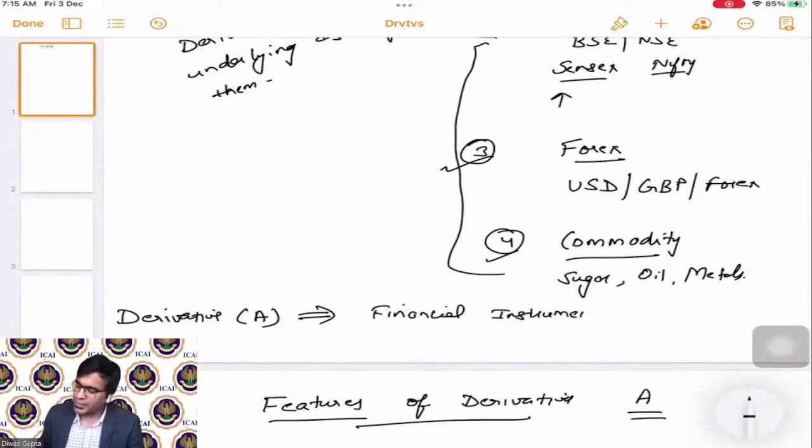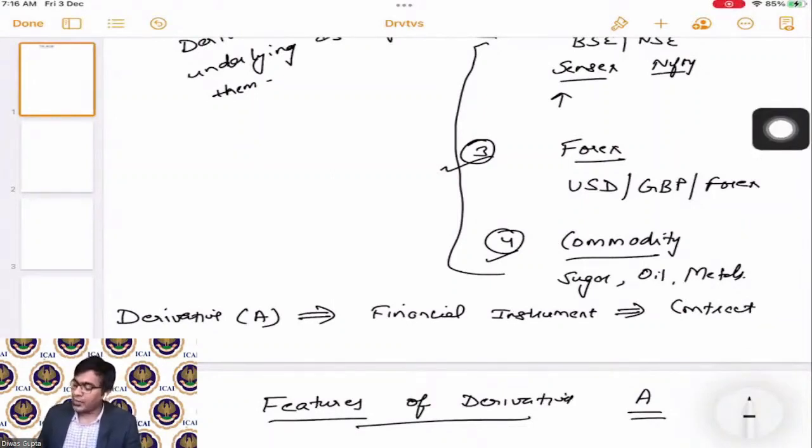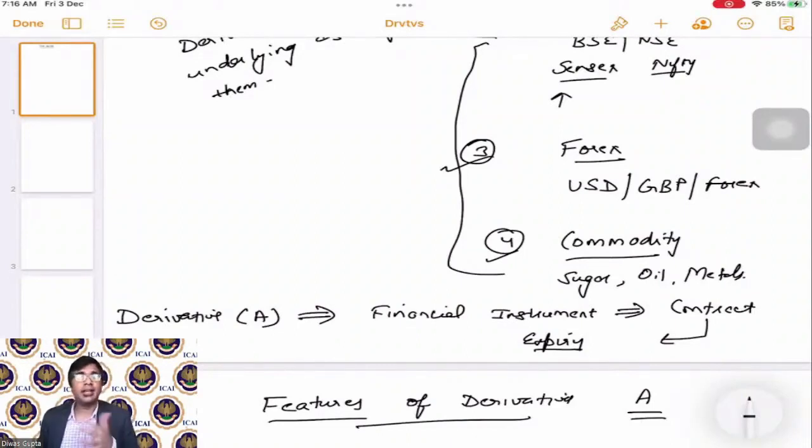And a financial instrument is in the form of a contract, correct? It is a contract, and a contract has an expiry. It has a validity. All the contracts have a validity, which is expiry.